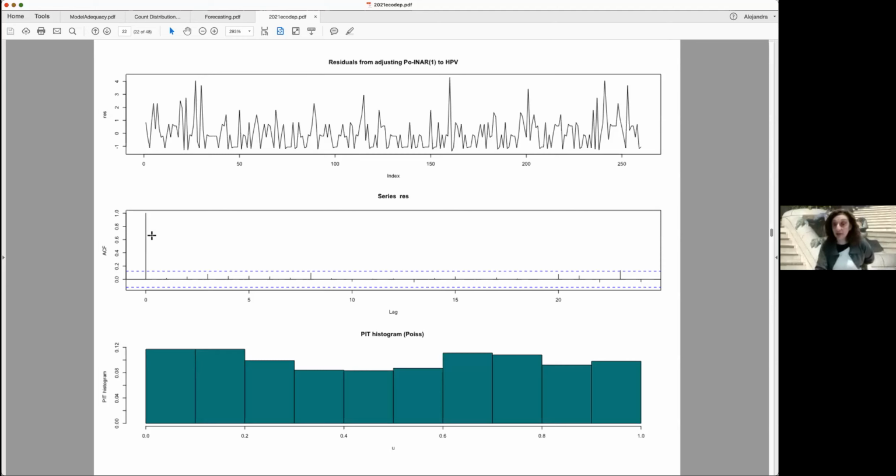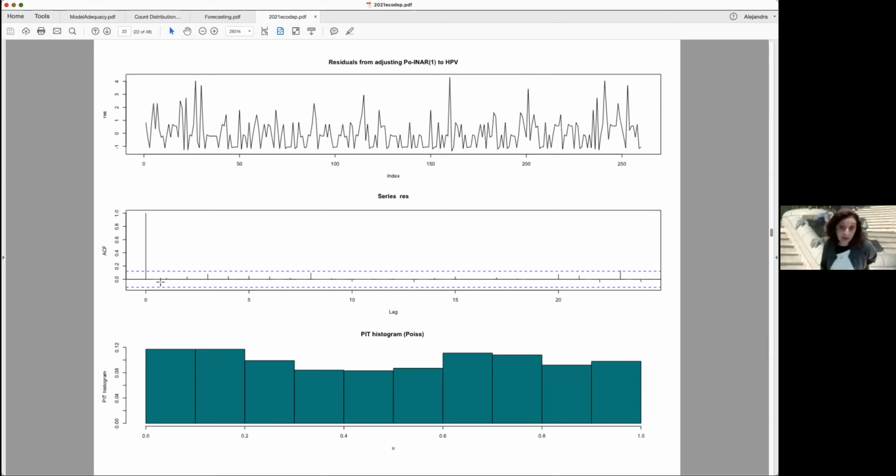This is the autocorrelation function. This spike at 0 is the variance, so it's okay that it's 1. But the other autocorrelations seem to be 0, so the dependence present in the original series looks like it has been taken into account by the model.